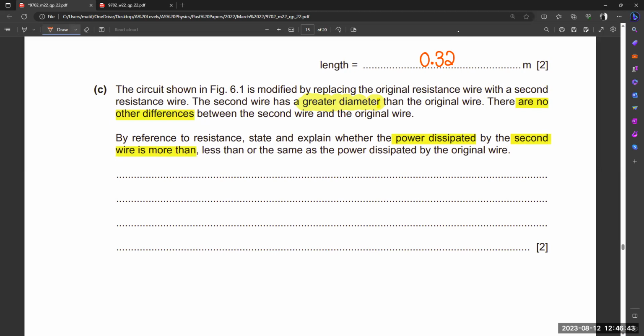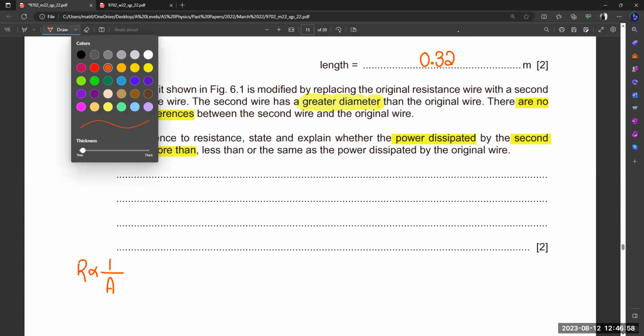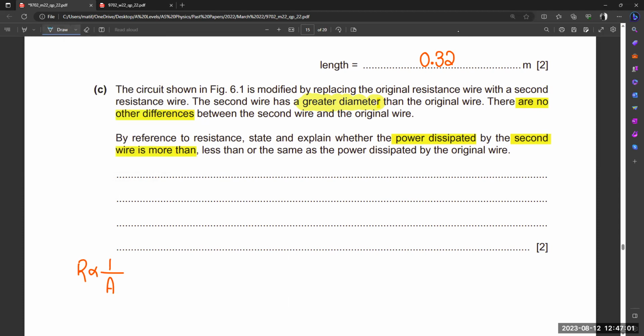So when the diameter is greater, that means the whole cross-sectional area is greater, meaning that the resistance, because it's inversely proportional, so if cross-sectional area gets more, that means resistance will get less. So the power dissipated by the second wire is going to be, I want to say, more.